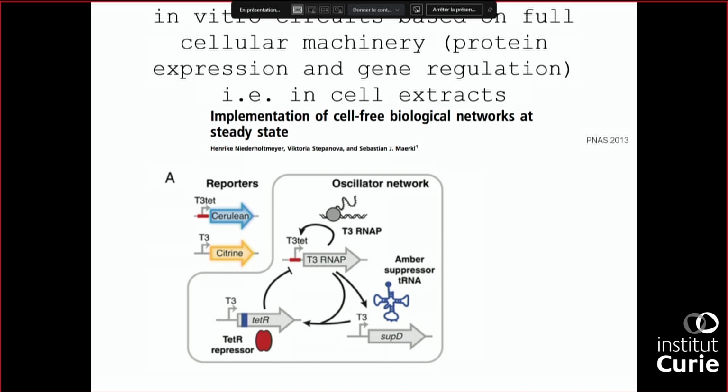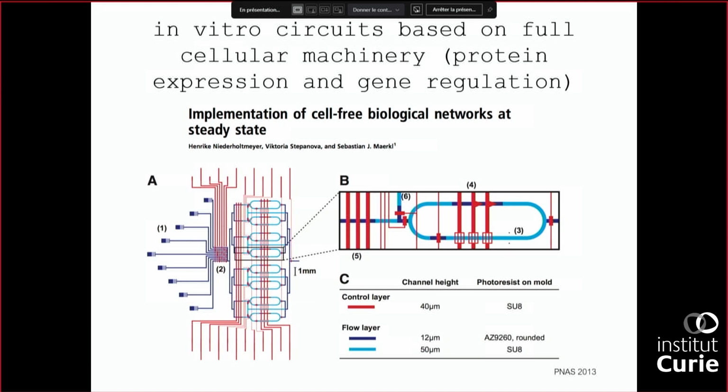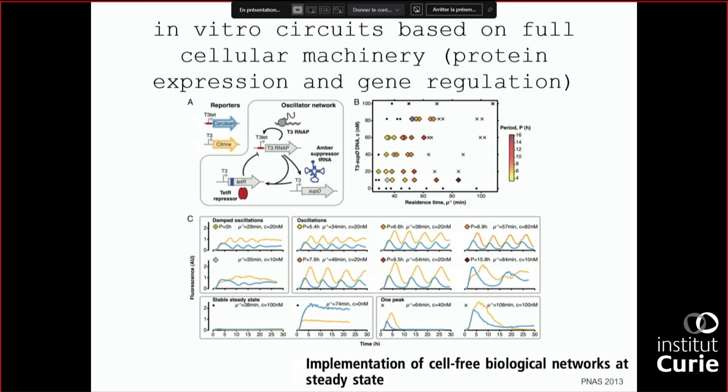And so this system was not introduced inside of a living organism. It was just dispersed into cell juice, bacterial juice, itself being put into microfluidic devices, but this is not really the point.